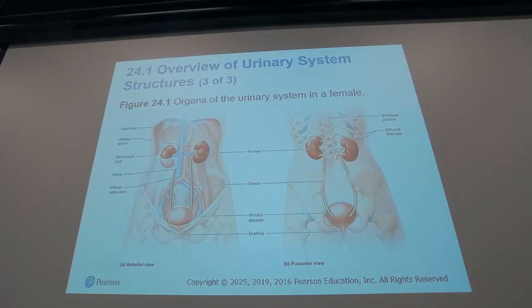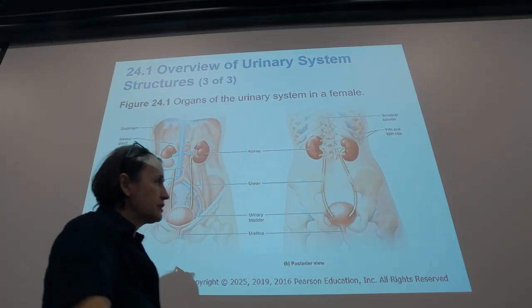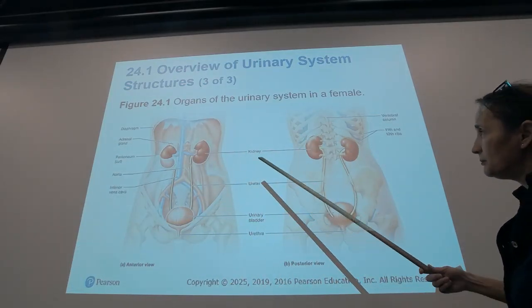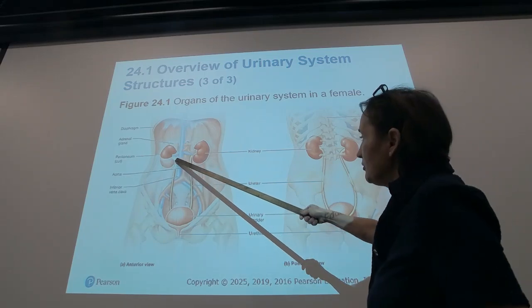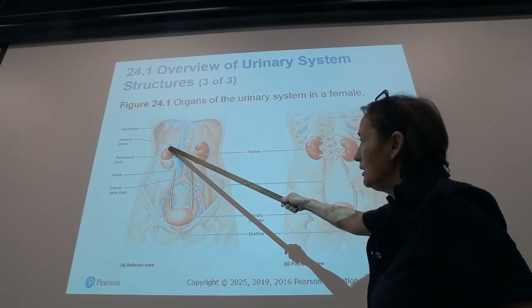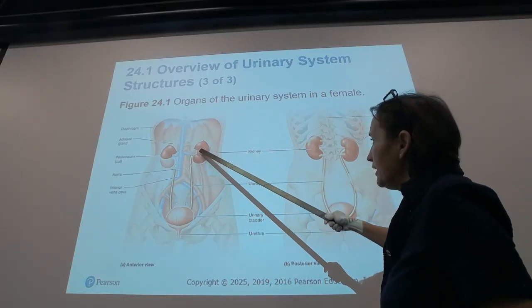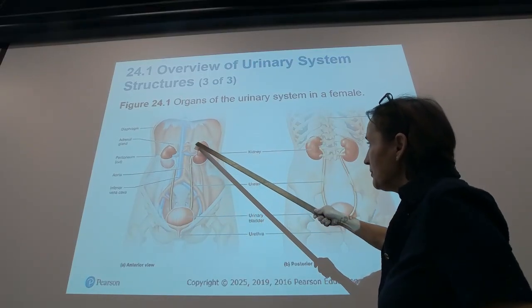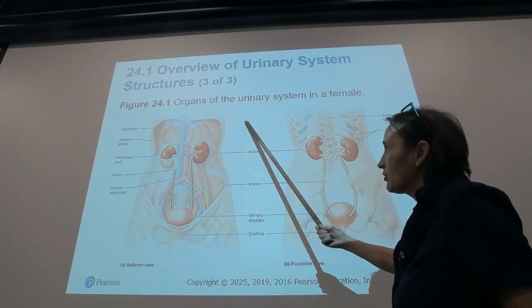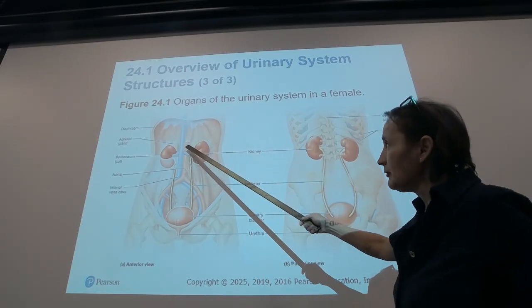So here is the location of the organs of the urinary system. This is the anterior view. If you remove the peritoneum, you will be able to see the kidneys. They have this pinto bean shape with the hilum facing medially towards the spinal column.